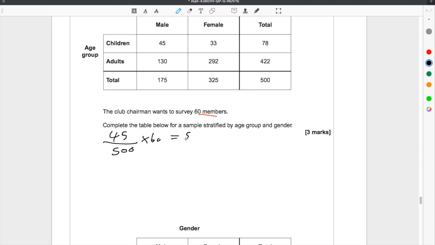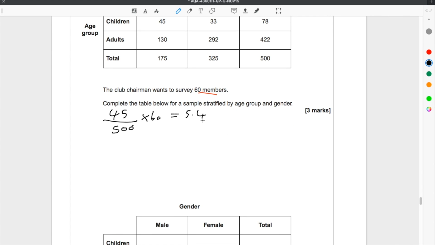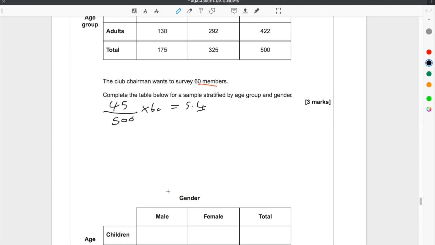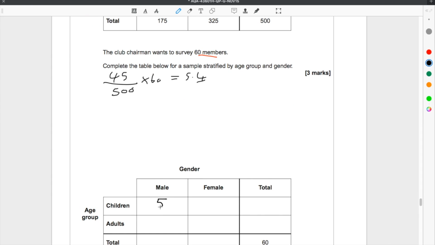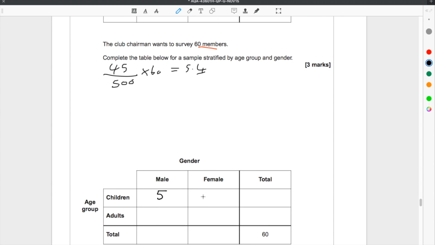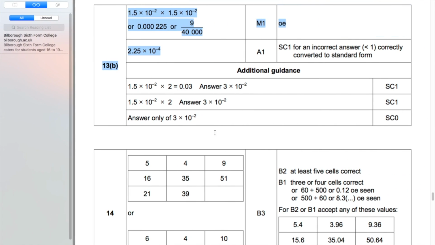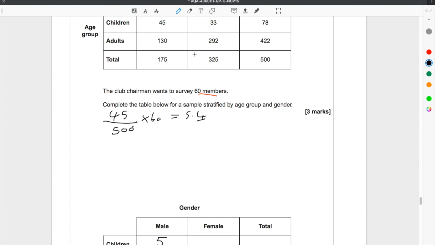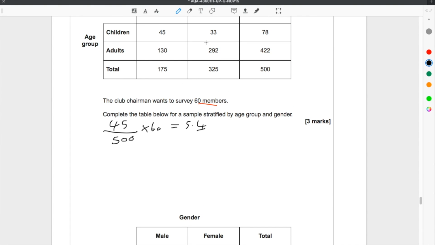5.4. And what we do is we have to round this because, again, we can't have 0.4 of a person. So this rounds down to 5. Okay, let's check that, yeah. And we do the same for each box, so next one's 33.